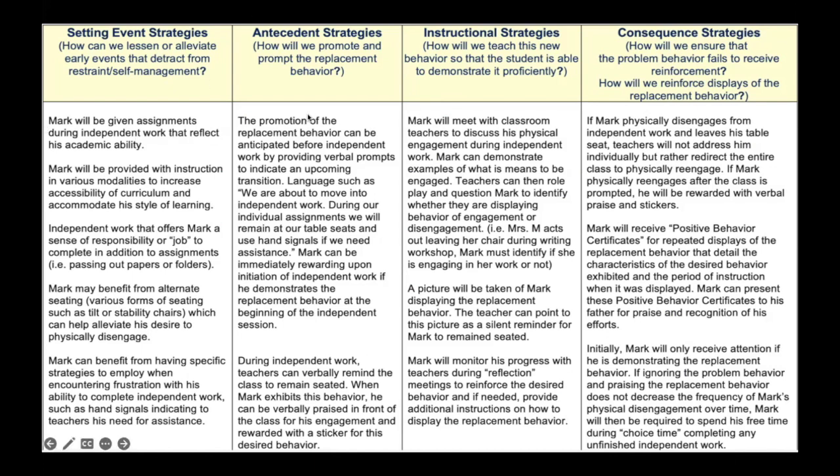And then what can we do to prompt a replacement behavior or keep the misbehavior from happening? You'll be entering different strategies, different ways that you would address each of these four categories. Just be aware you have a form to fill out. You'll get all the information in the learning module, and Dr.